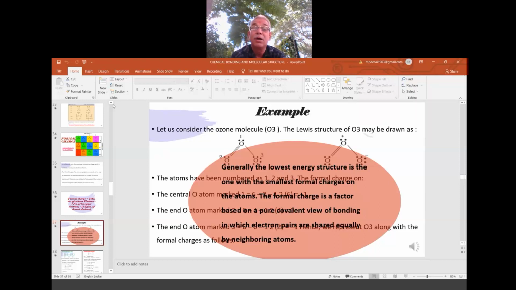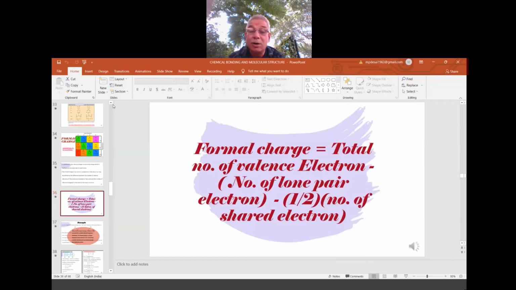Totally we have 3 bond pairs around the O. So 3 bond pairs equal to 6 electrons. Now let us apply the formula once again. Formal charge equals total number of valence electrons, that is 2, 6, 6 minus lone pair electrons, 2. So 6 minus 2 equals what? First you will simplify number of lone pair and half the number of shared pair.